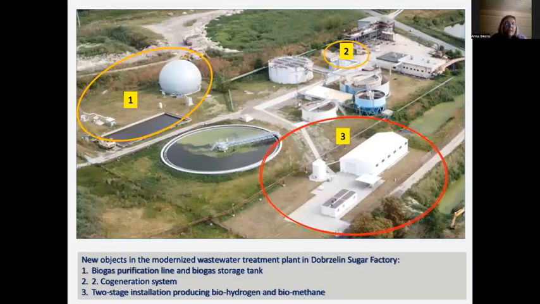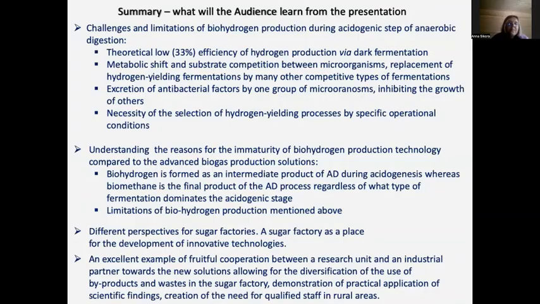All the activities are an excellent example of fruitful cooperation between a research unit and an industrial partner towards development of innovative technologies. And here you can see new facilities on the wastewater treatment plant site from a bird's eye view.